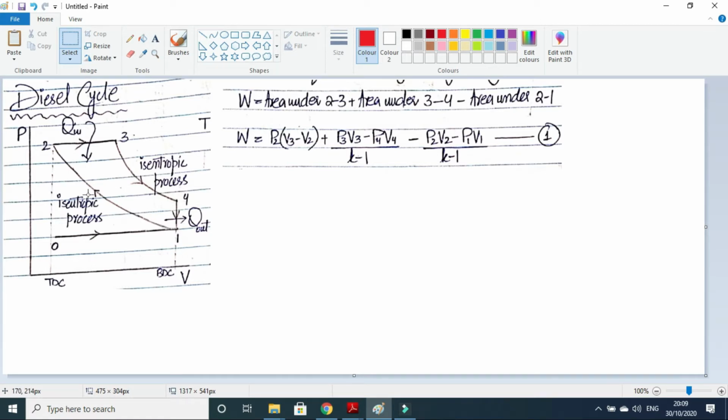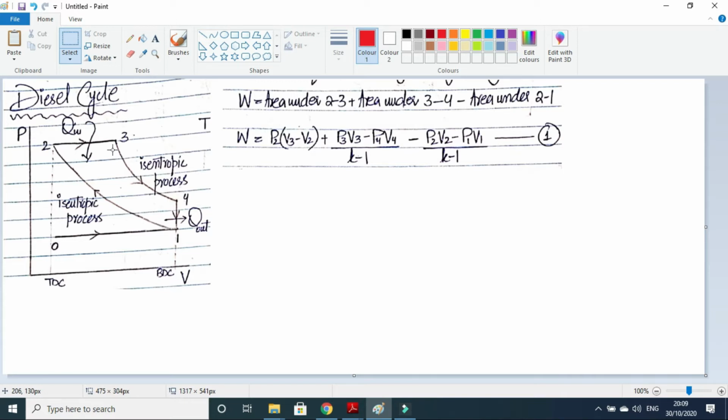Area under the process curve 1 to 2 will be work in, and there will be an additional work done during the process curve 2 to 3, because 2 to 3 is a constant pressure heat addition process, and some work will also be done during it.